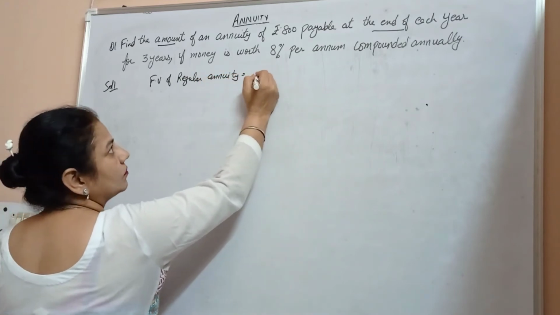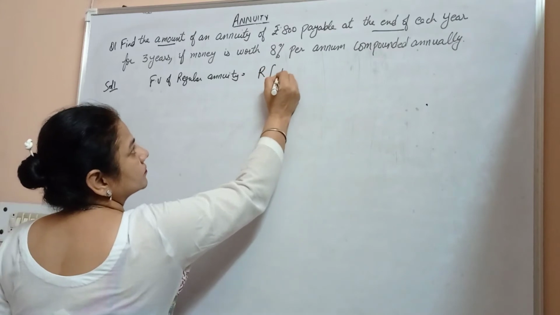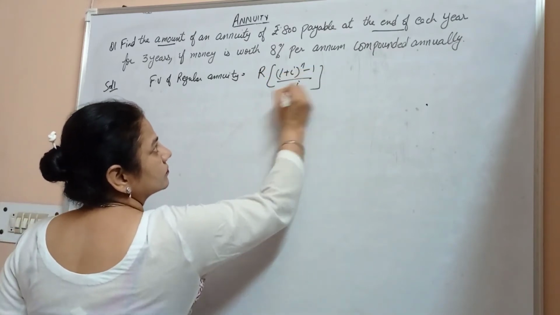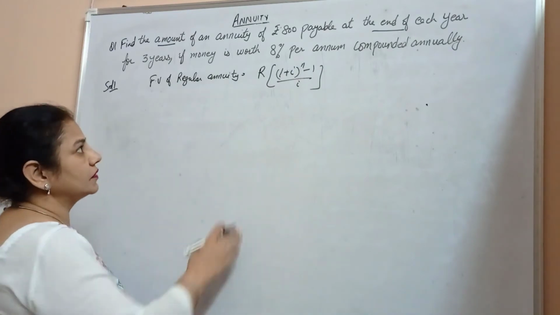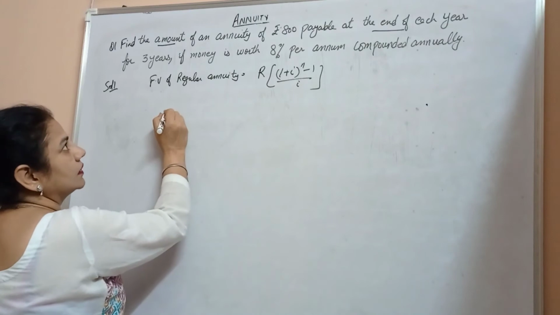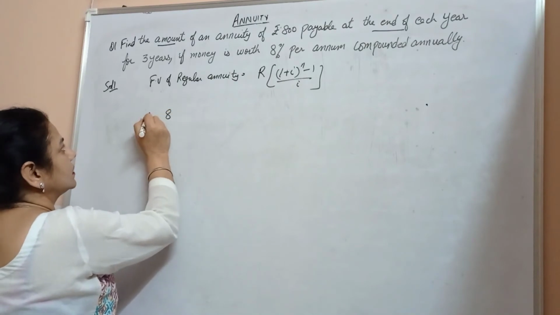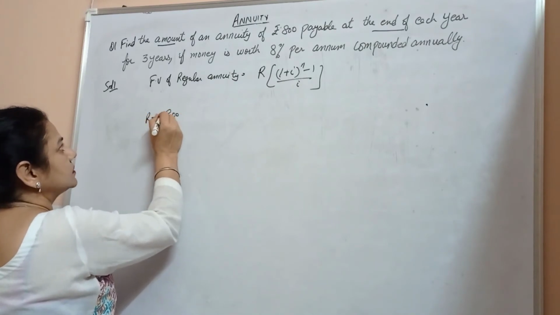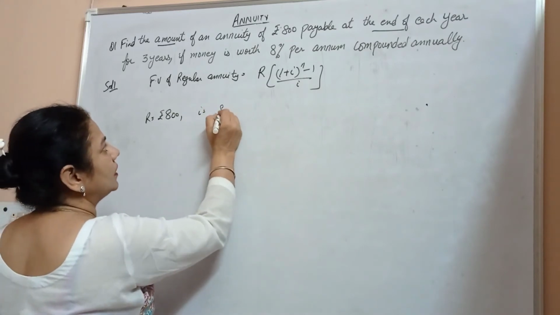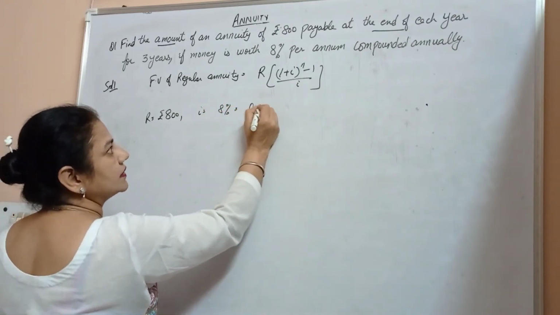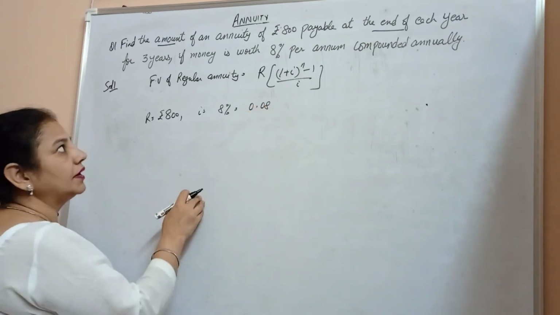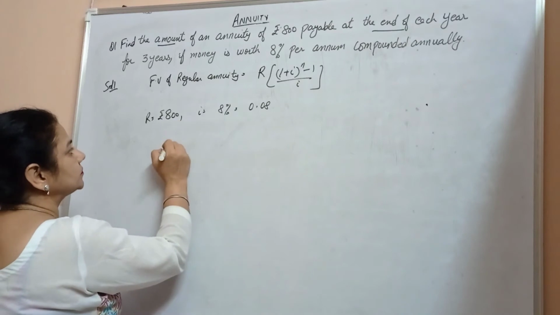is given by the formula. Using this formula, here R is the amount being paid, the payable amount, R is equal to 800 rupees. Here i is the rate of interest, which is 8%, or 0.08. Substitute the values to calculate the future value, or the amount.